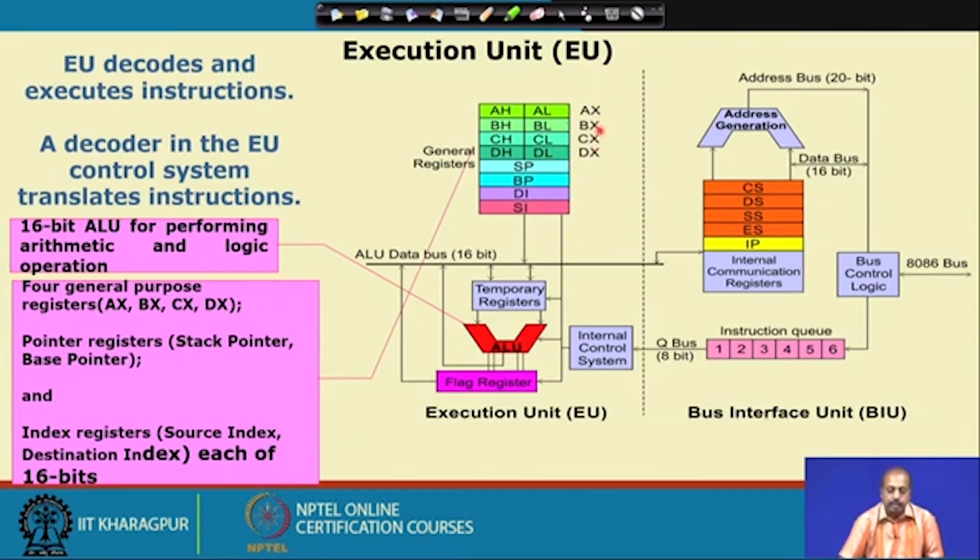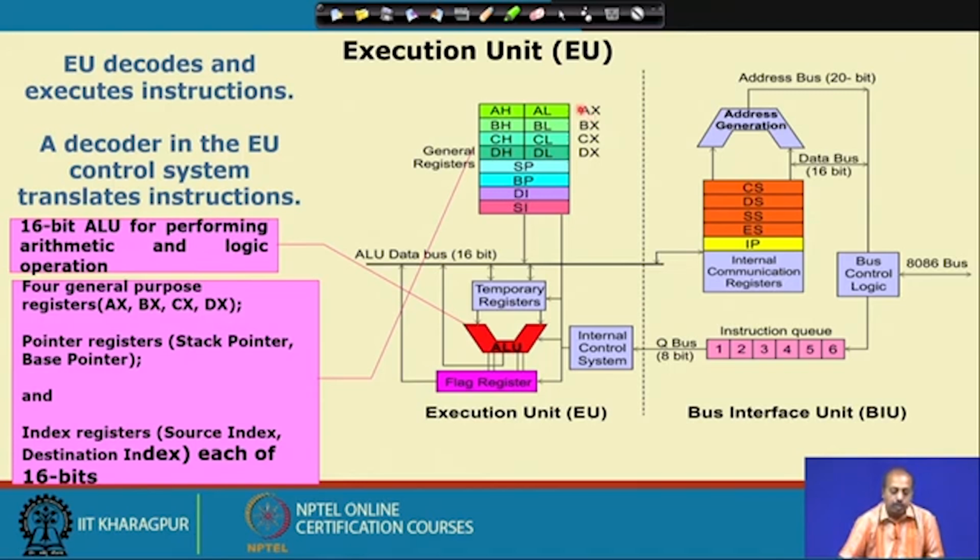These are 16 bit registers and can also be thought of as consisting of 8 bit pairs, like AX can be divided into two 8 bit registers AH and AL. BX can be thought of as two 8 bit registers BH and BL. So they can be accessed either as a 16 bit register or as two 8 bit registers.